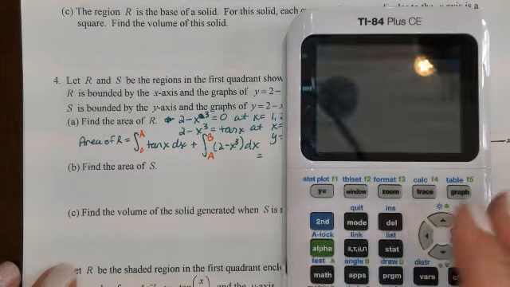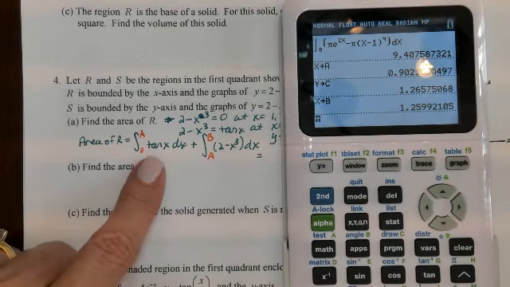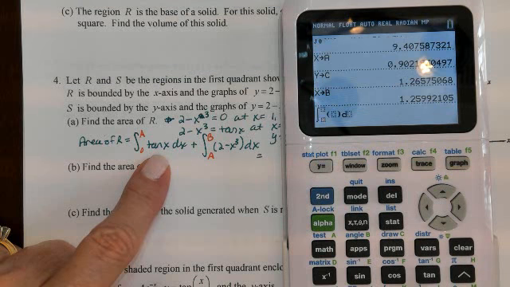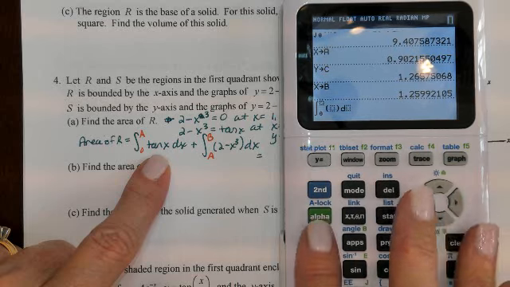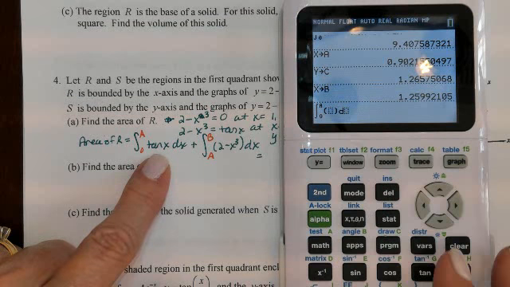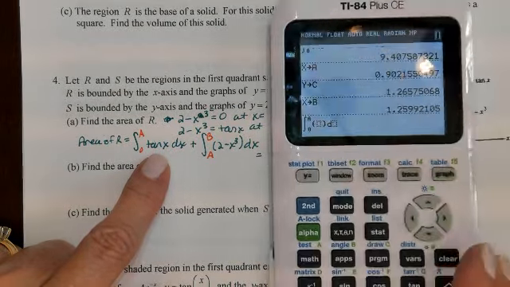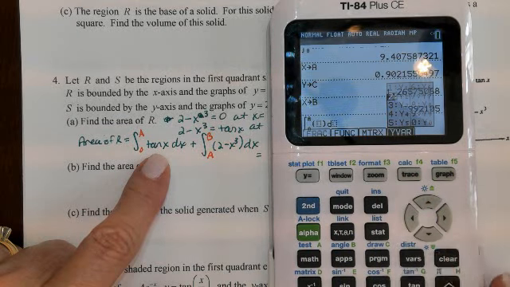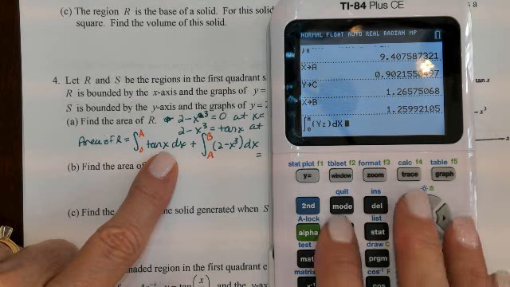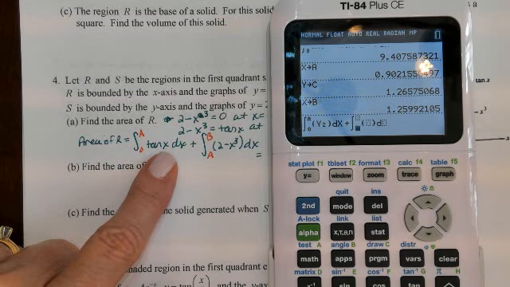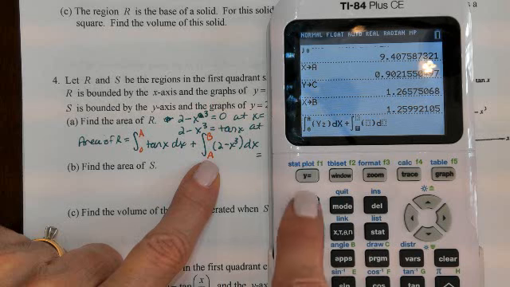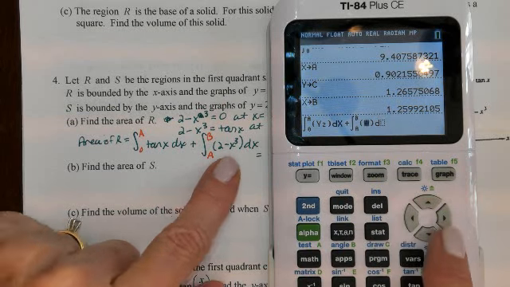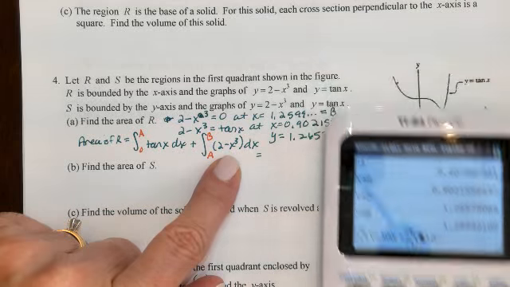So when I put that into my calculator, I'm going to have math 9, 0 to a, and then tangent x. I do have it stored in for y2 if you want to use that, or you can just type in y2, tangent x dx plus math 9, a to b of my y1.